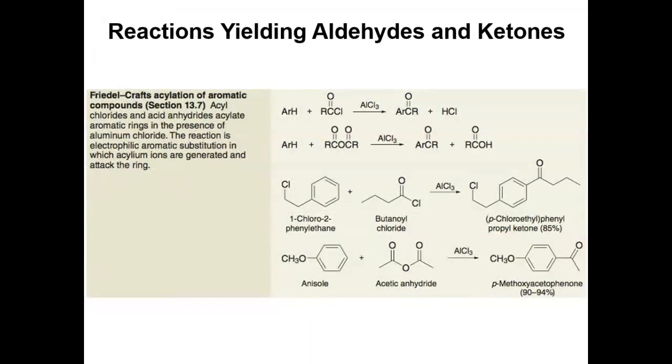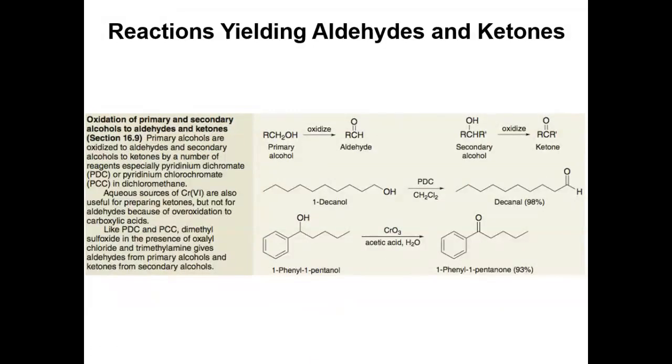And in chapter 13 of organic 2, we learned that Friedel-Crafts acylation can give us ketones. Then in chapter 16, we learned that if we take a primary alcohol, we can use PCC or PDC to oxidize it into an aldehyde. In this oxidation, we have to carefully avoid water if we want to get the aldehyde.